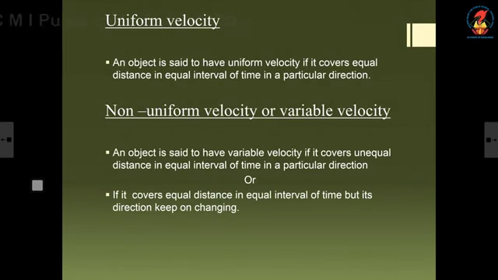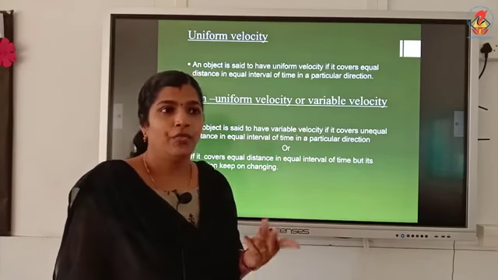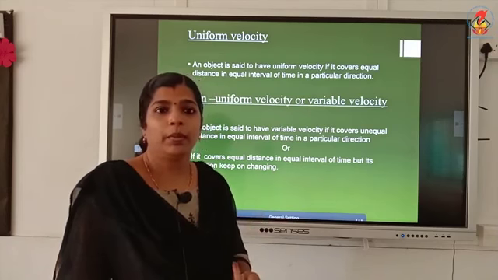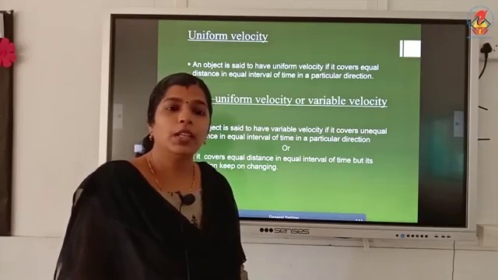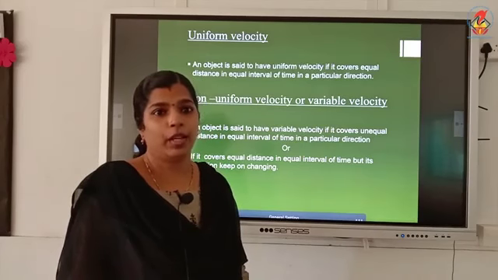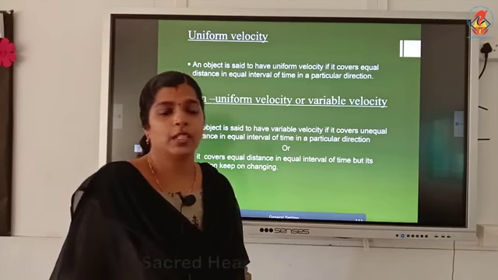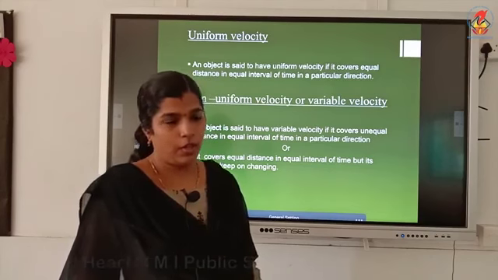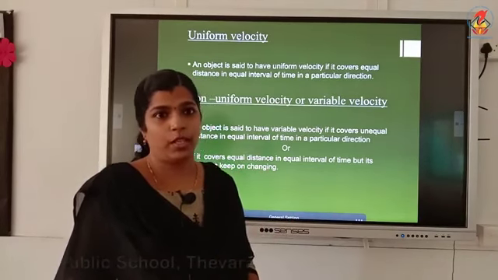If it covers unequal distance in equal interval of time in a particular direction, or if it covers equal distance in equal interval of time but the direction is changing, then also it is known as variable velocity or non-uniform velocity.